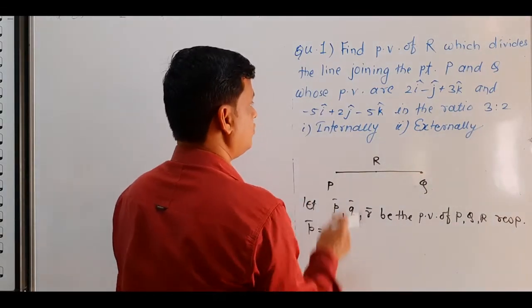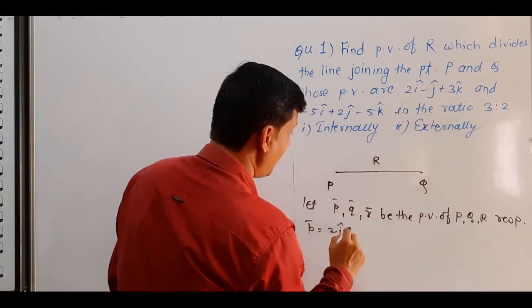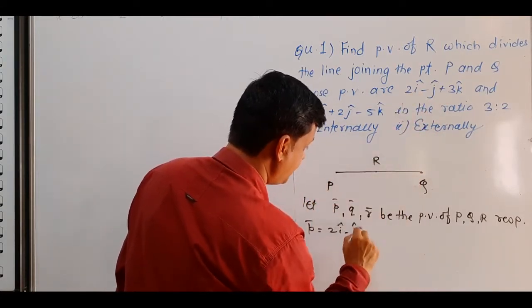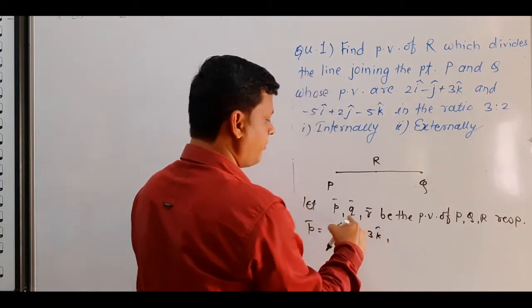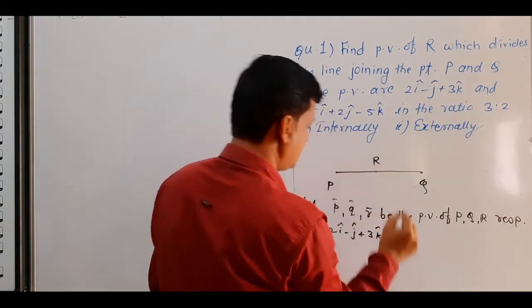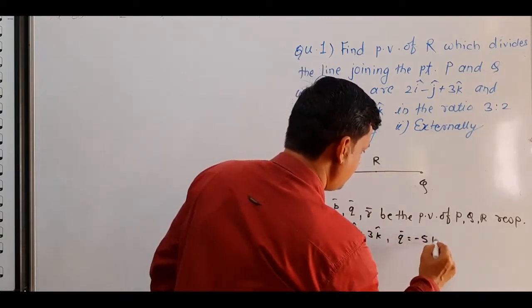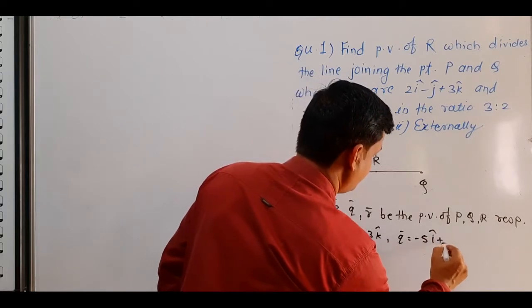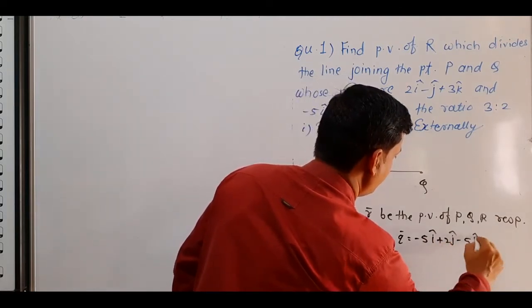P bar equals 2i minus j plus 3k, and the position vector of Q is minus 5i plus 2j minus 5k.